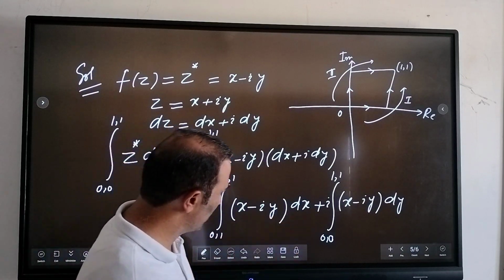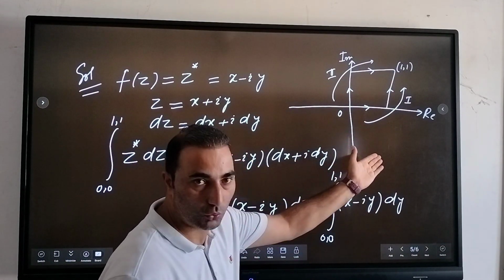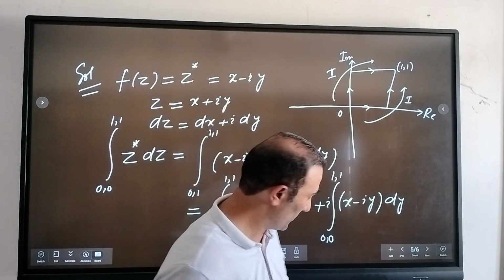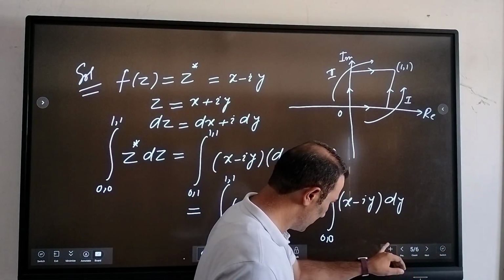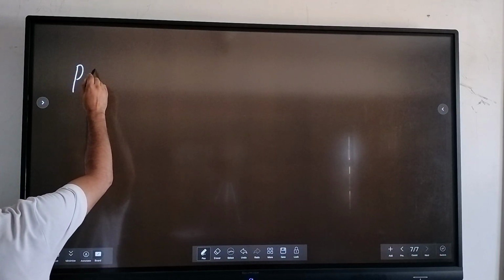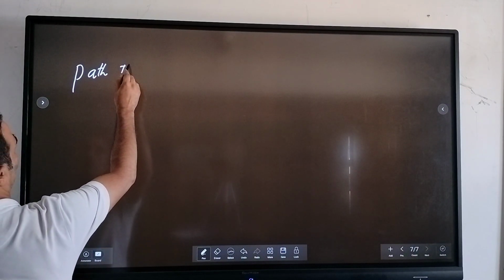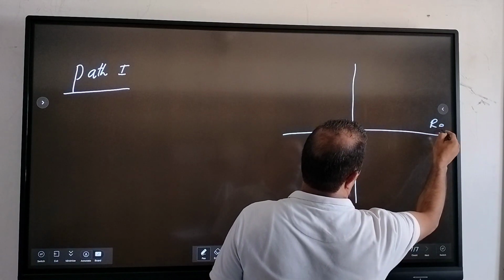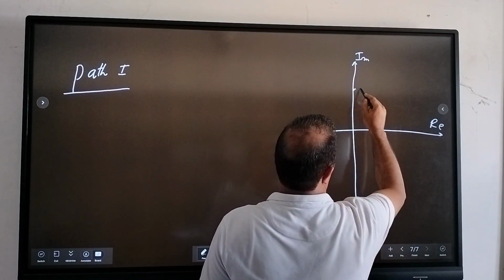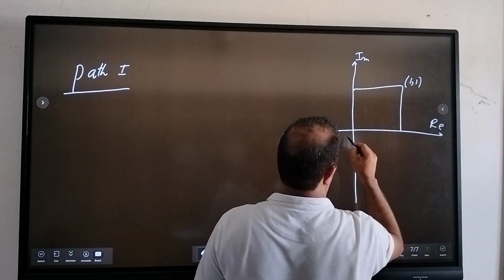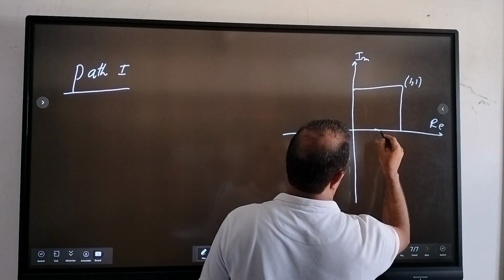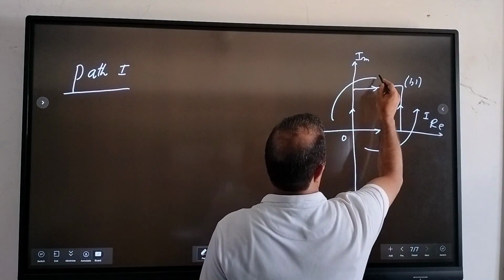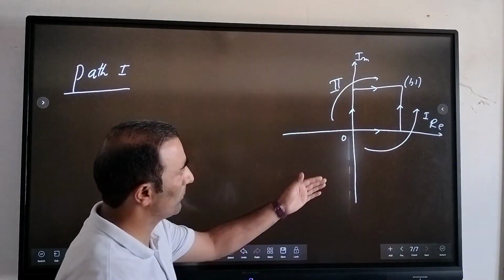So we now have two integrals here, right? Let us solve this through path first. Because we have two paths, we can go like this, or we can go through path second. So let us choose path first.